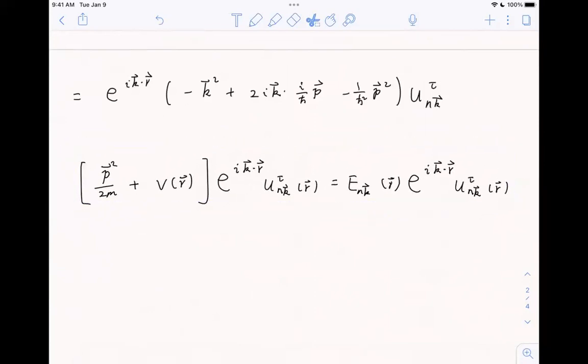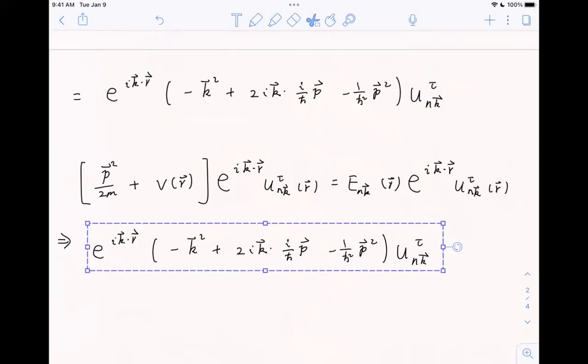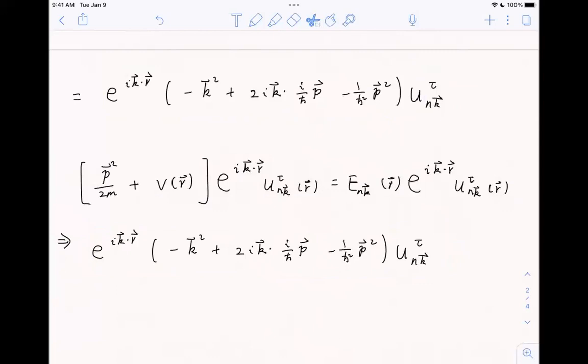This equation will become, so this term is basically this term. Copy this term.